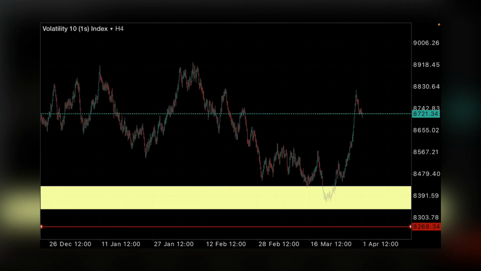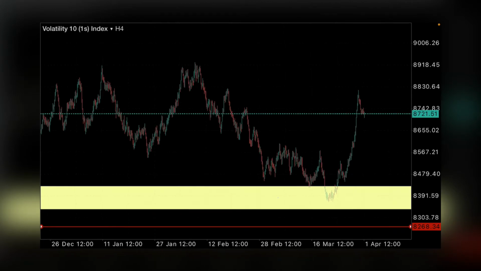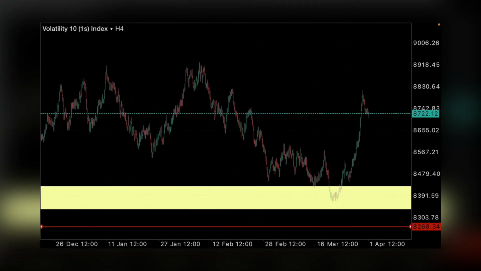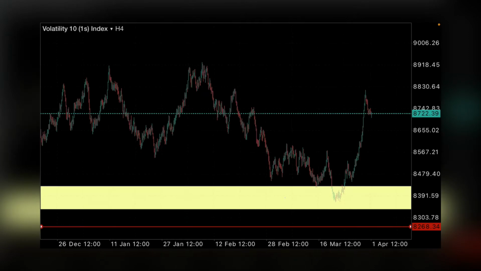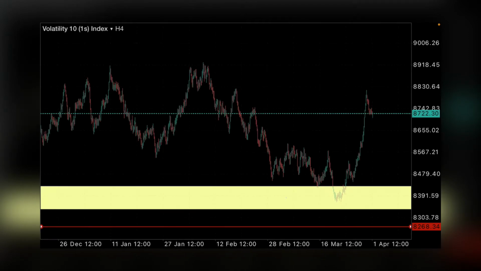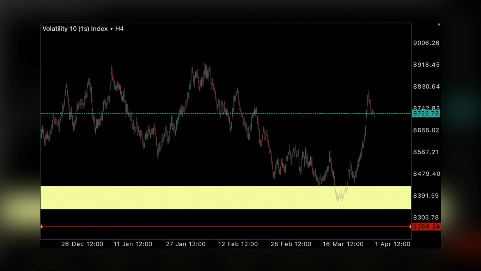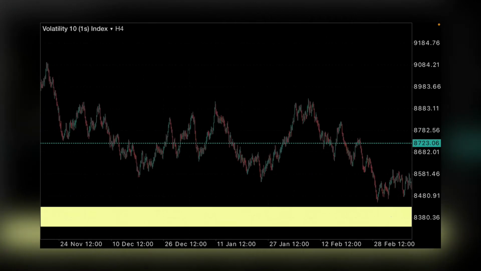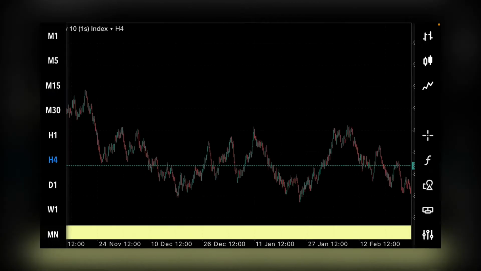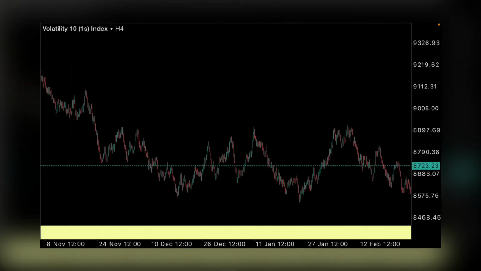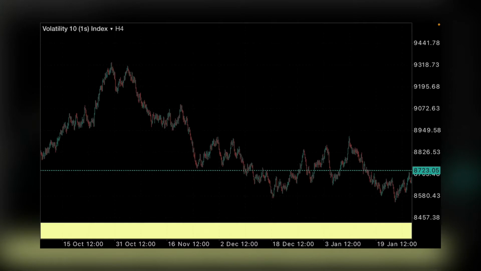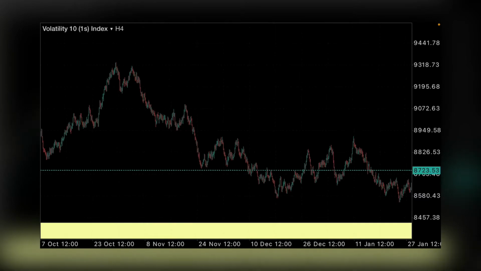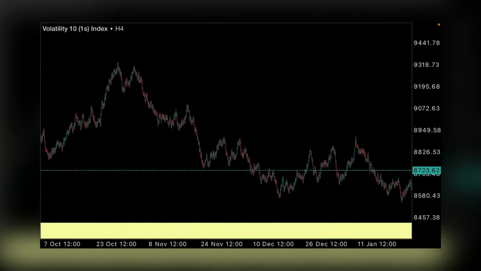For the trending market, you can see it as an uptrend market and a downtrend market. Then a shopping market is also a market that is consolidating. In essence, there's price indecision in such kind of market. Then we have the range bound.